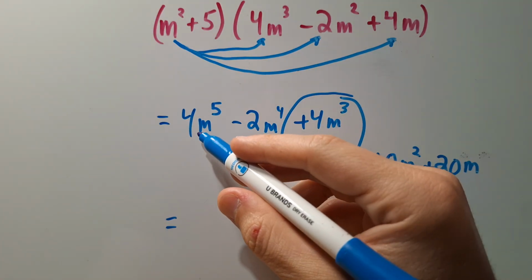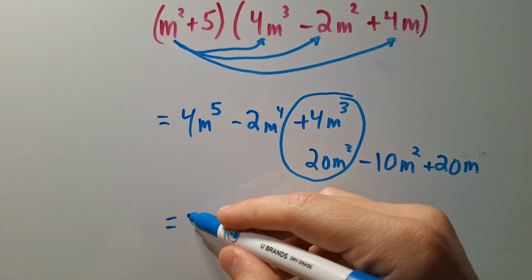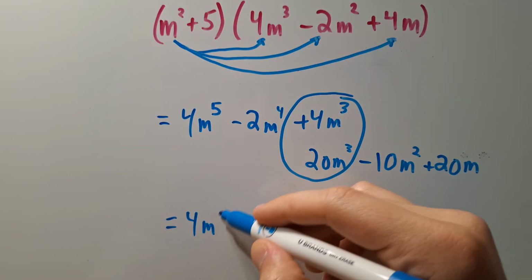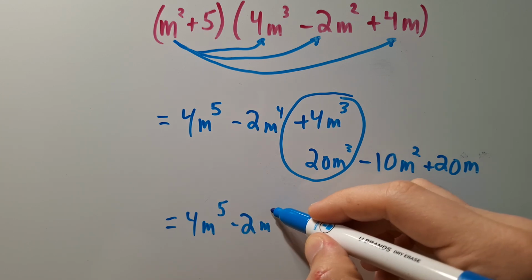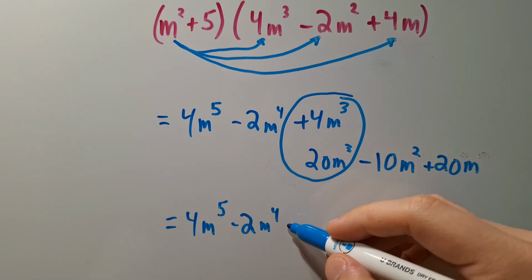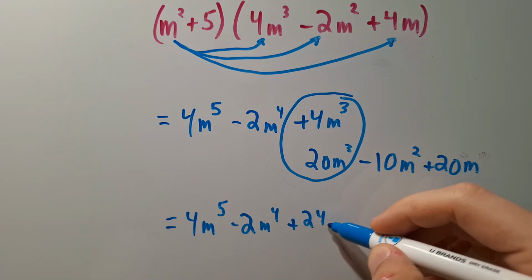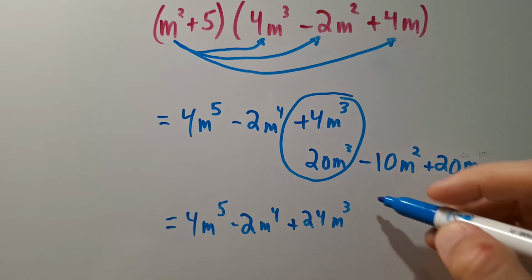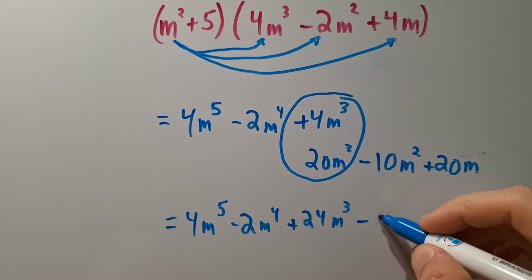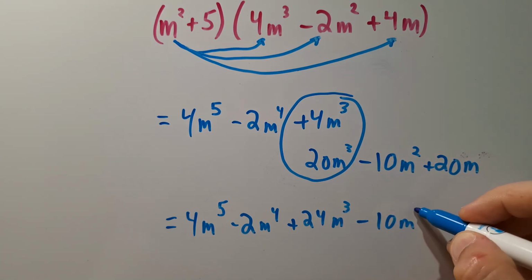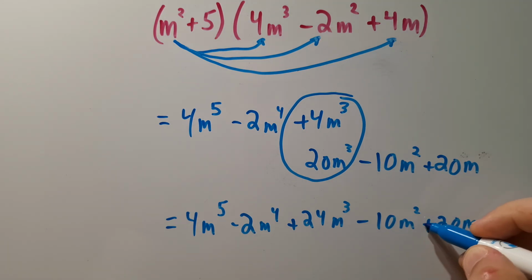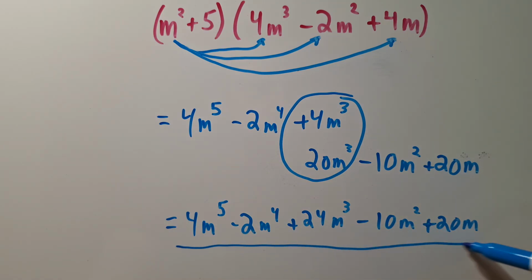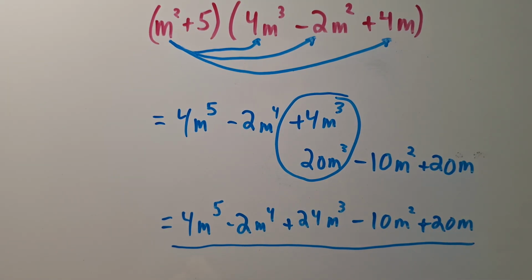So now all we do is keep these two as such, and then combine these two together, which gives me 24m to the power of 3. And then these last two terms remain untouched as well. All right, this is the final answer. That's a big polynomial. That's 5 terms together.